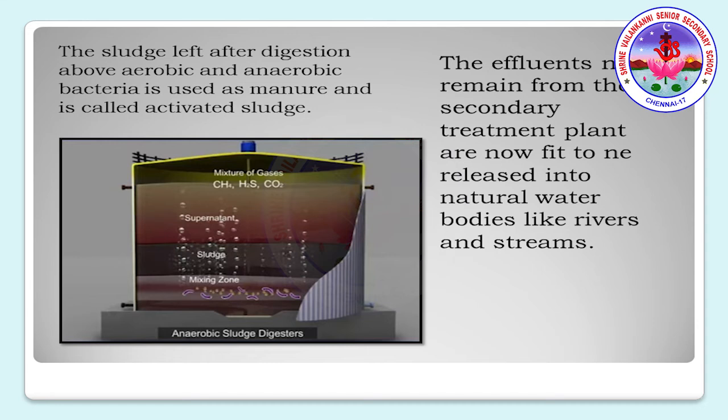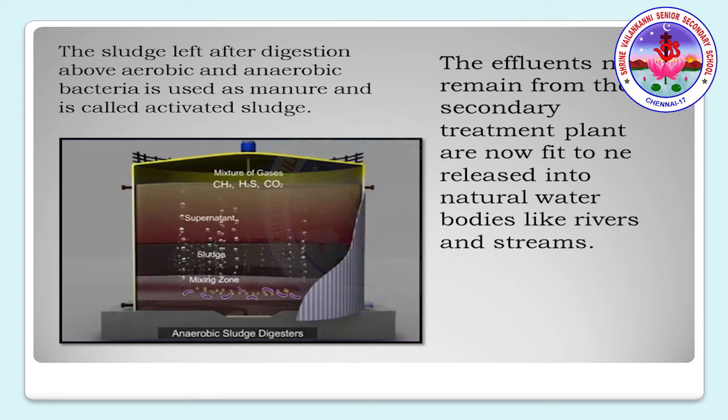The sludge left after digestion, about the aerobic and anaerobic bacteria, is used as manure. The effluent remaining from the secondary treatment plants is now fit to be released into natural water bodies like rivers and streams.